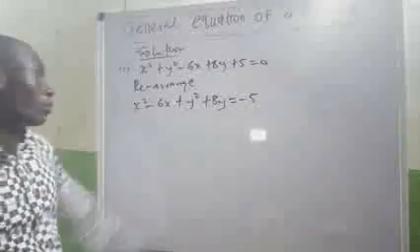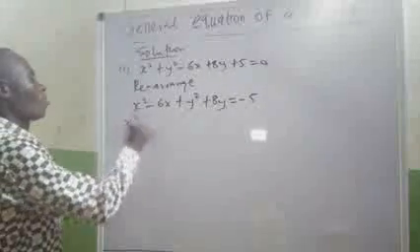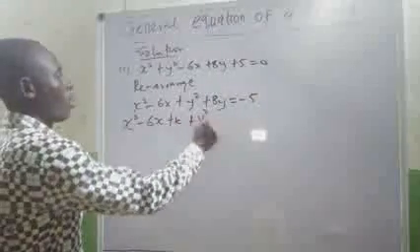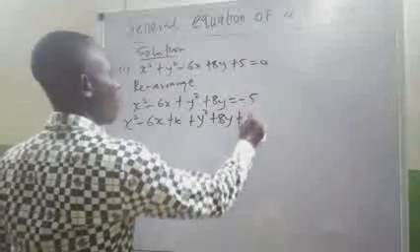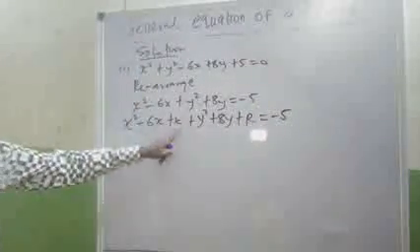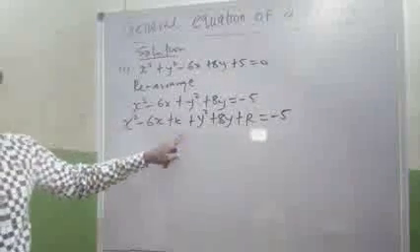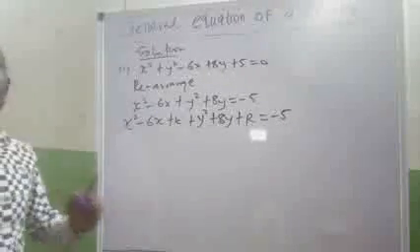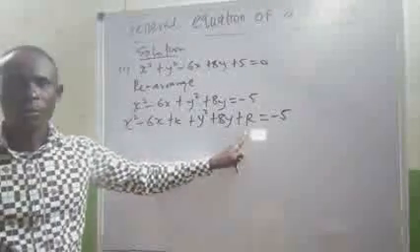What do I mean by the complete the square method? Let's say we have x squared minus 6x plus k plus y squared plus 8y plus r will be equal to minus 5. Now k here is what will be added to this equation to make it a complete square, that is, for it to have equal value as a root. The same thing with r.